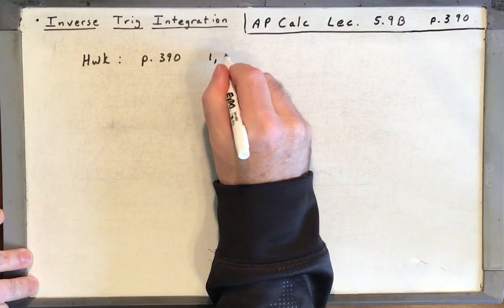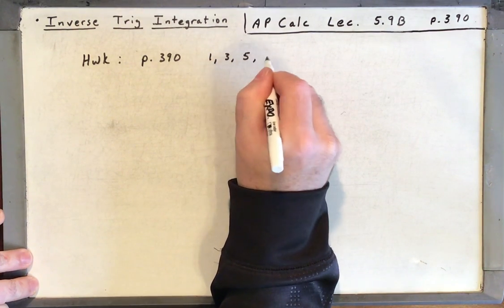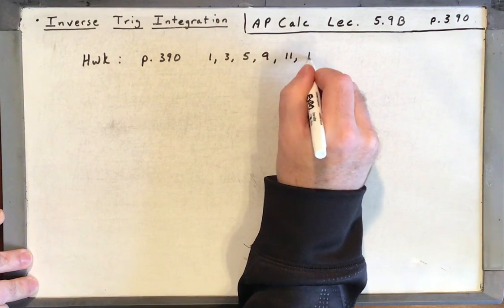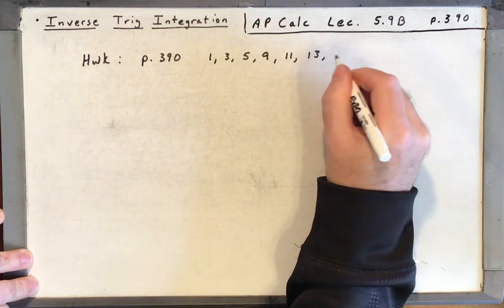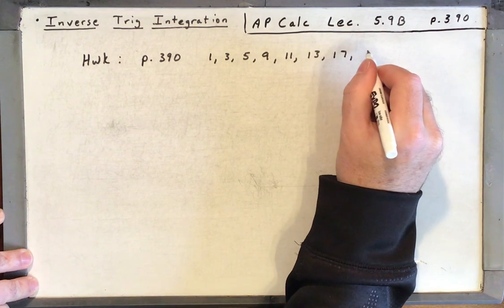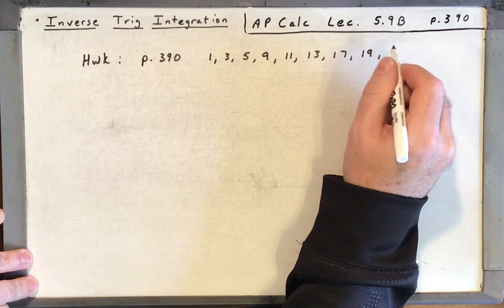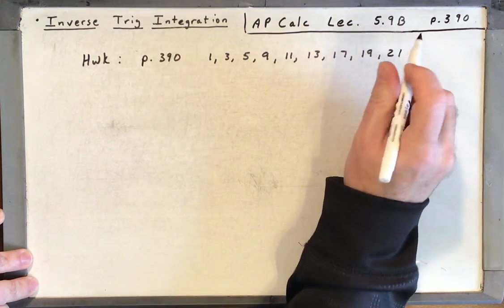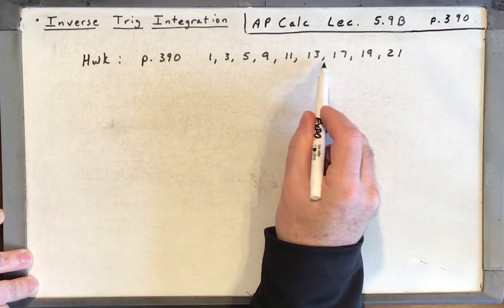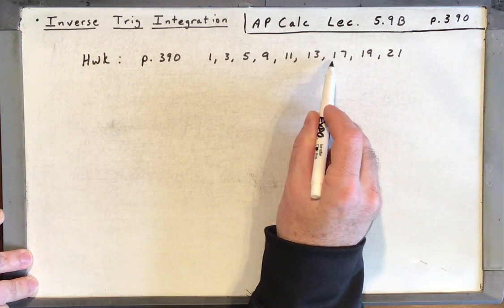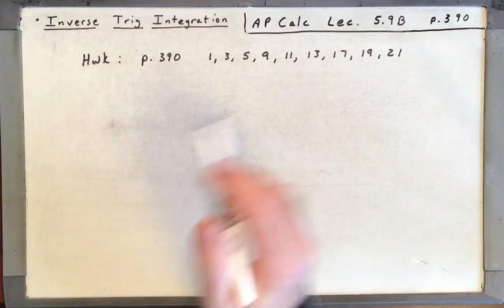Got 1, 3, 5, 9, 11, 13, 17, 19, and 21. All right, so it's really 9, 11, 13, all of the odds except 7 and 15, looks like, on that.